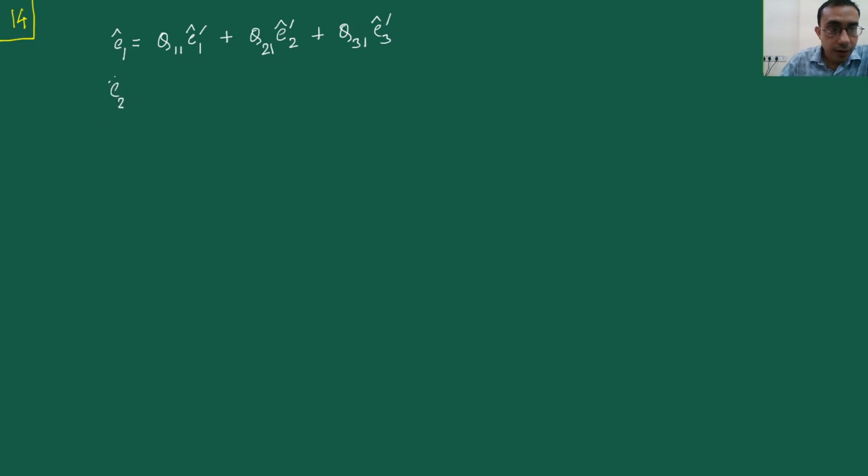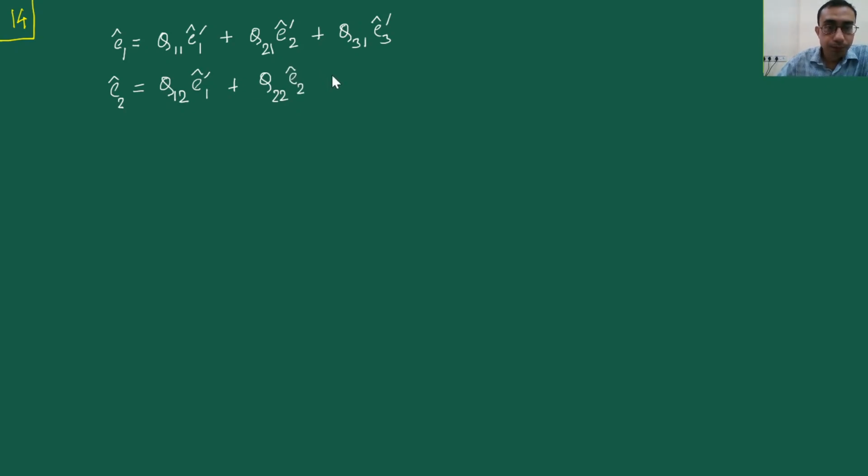Next, E2 hat will be equal to, this time we have the Q12 because this represents the cosine of the angle that the x1 dash axis makes with the x2 axis, or conversely that the x2 axis makes with the x1 dash axis. So this is the right term here. For this one, it's very easy.